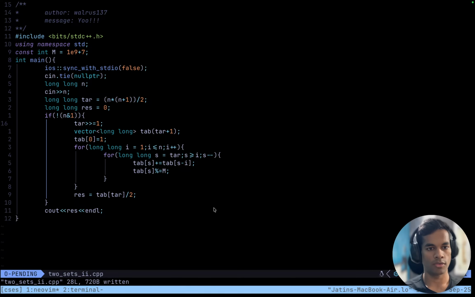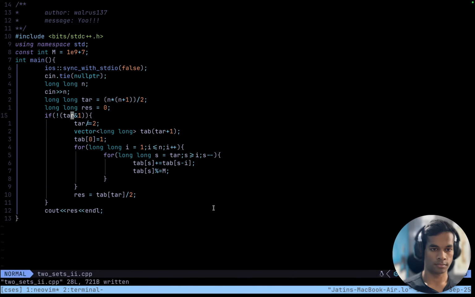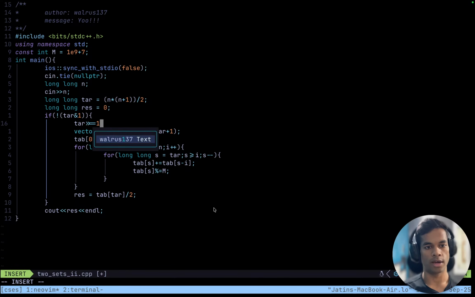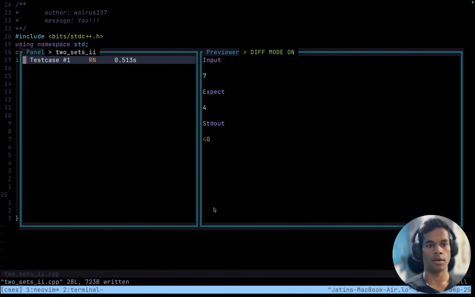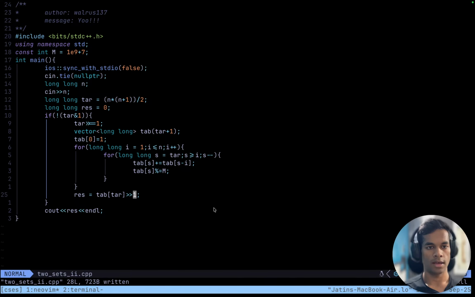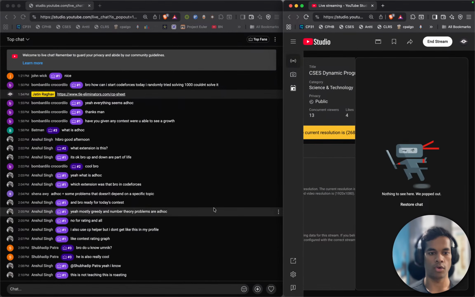Tar right shift, tar divided by equal to 2. Okay, my bad. If we have to check the validity of tar, we can go back to our OG syntax here and also the OG syntax here. Cool. And yep, let's try to submit this and hope that this works.